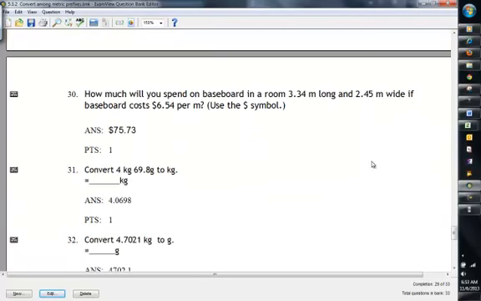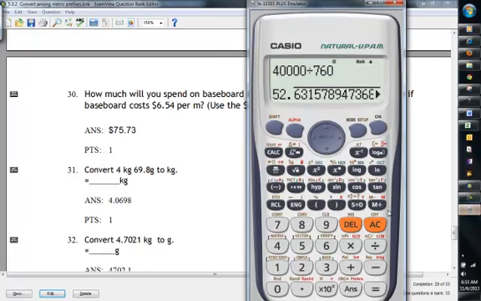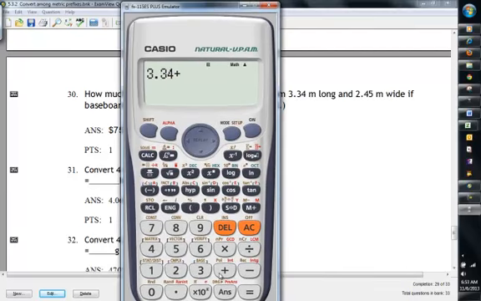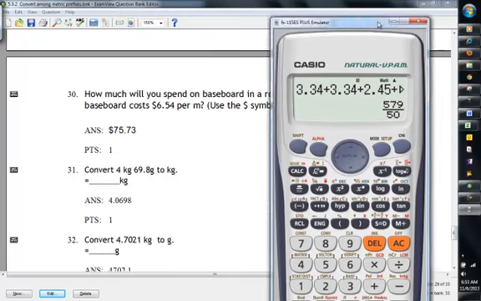How much will you spend on baseboard? So we would go all the way around the room. So it'd be 3.34 along one wall, plus 3.34 along the opposite wall, plus 2.45 along the third wall, plus 2.45 along the fourth wall, gives us that much altogether.